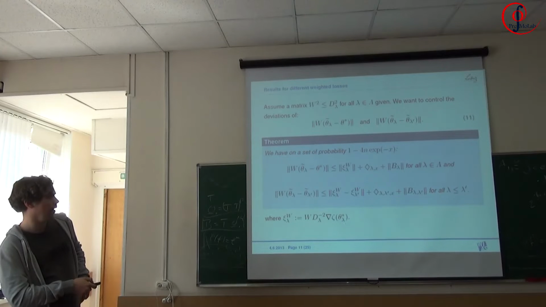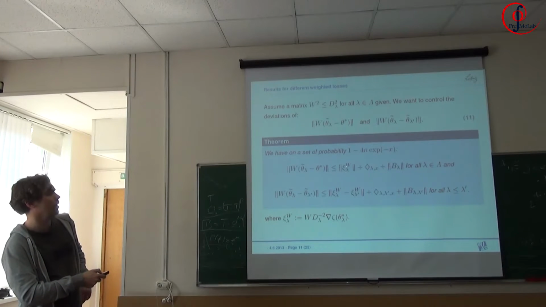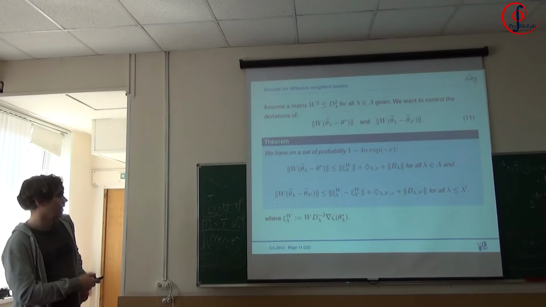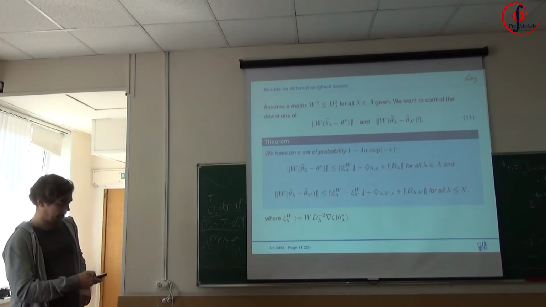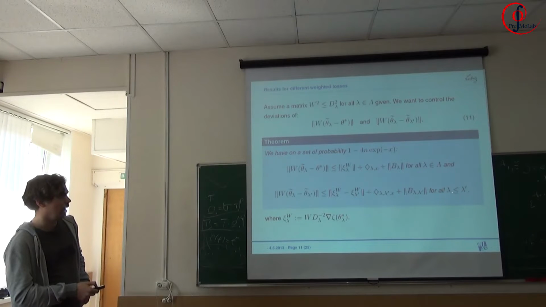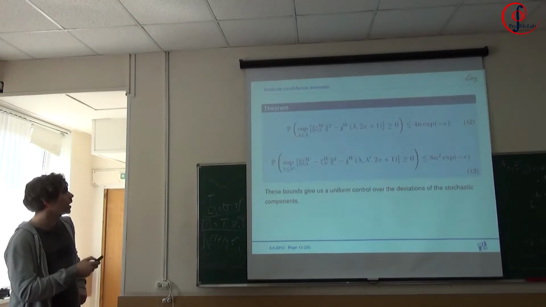So that's another quadratic form, square root of a quadratic form, plus the diamond term you saw before, and this bias term B lambda. And we have a similar result for the differences if you have lambda smaller than lambda prime.